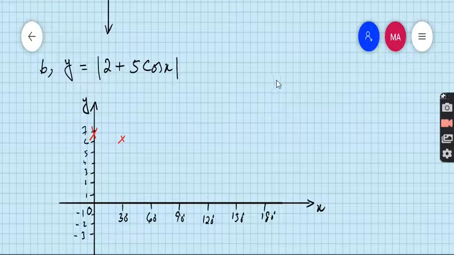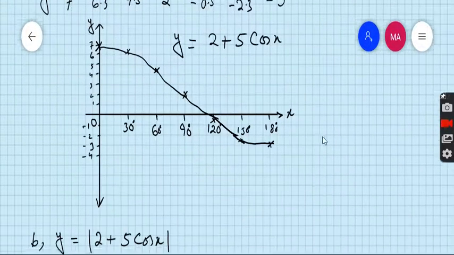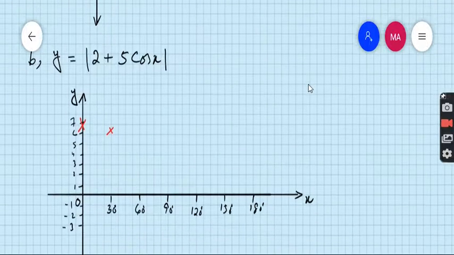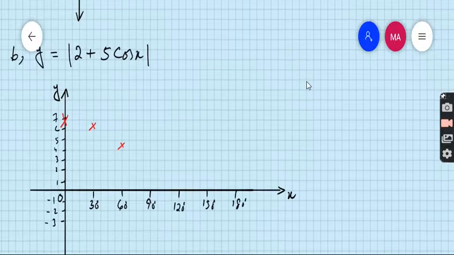For 60, the value is 4.5. 1, 2, 3, 4, 4.5. For 90, the value is 2. All values are the same till 90.